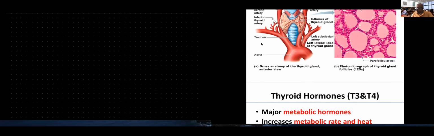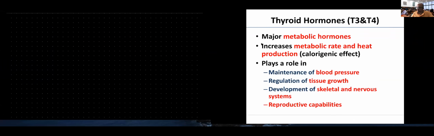T3 and T4, or the thyroxine and the triiodothyronine, those are going to be considered the thyroid hormones. Those are the major metabolic hormones. They will enhance the metabolic rate, means they will boost all the metabolic reactions. Also, they will generate heat. They are responsible for heat production. That's why we consider them calorigenic hormones.